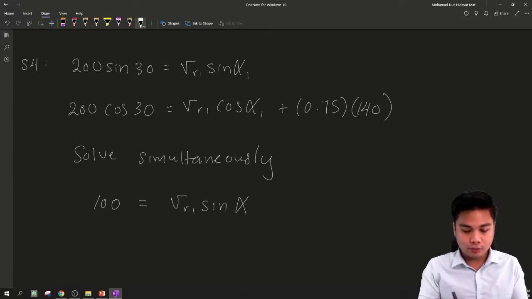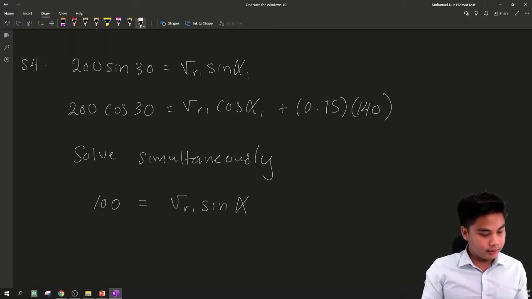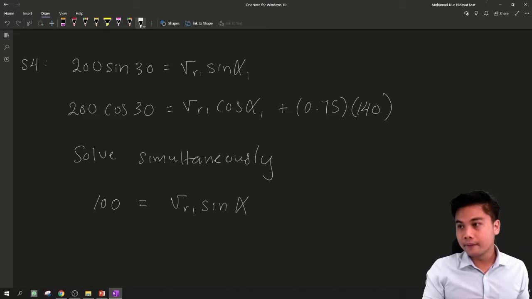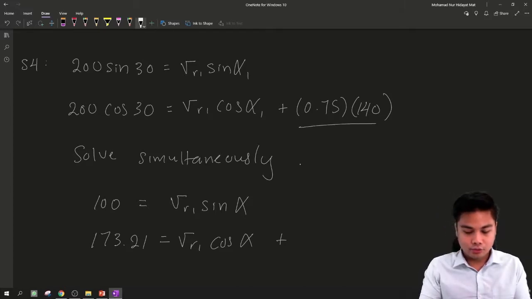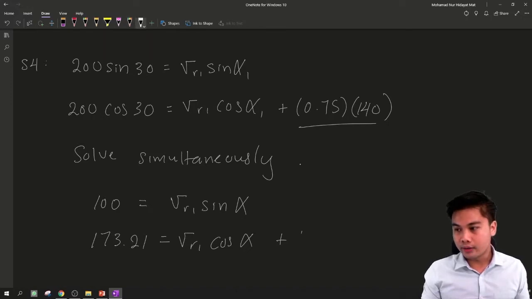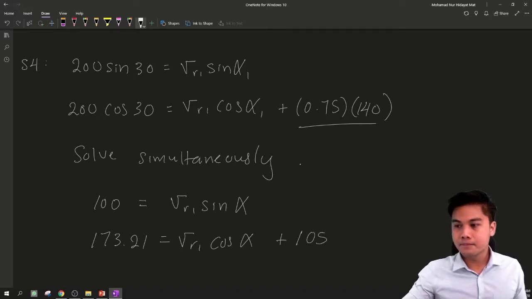And 200 cos 30, you will get 173.21 equal to VR1 cos alpha plus 0.75 multiplied by 140, which is 105.